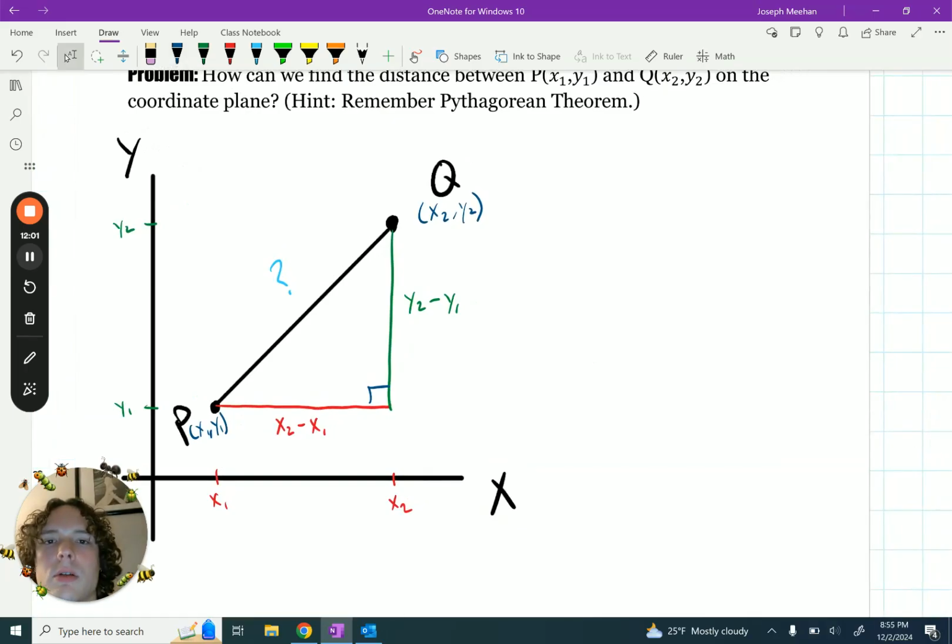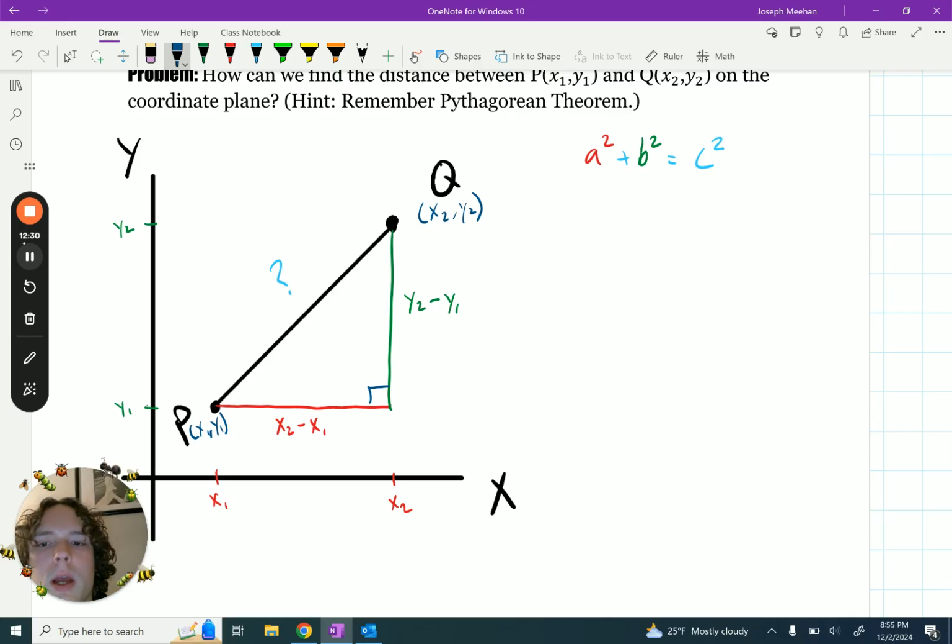Well, the Pythagorean theorem. Remember it said use the Pythagorean theorem. What is the Pythagorean theorem? It is a squared plus b squared equals c squared. What's a squared and b squared in this scenario? That's our red and green sides, and c squared is going to be our blue side. So let's plug in the lengths that we have.